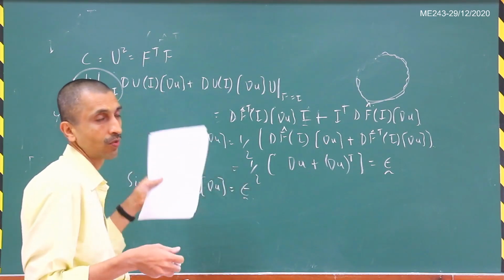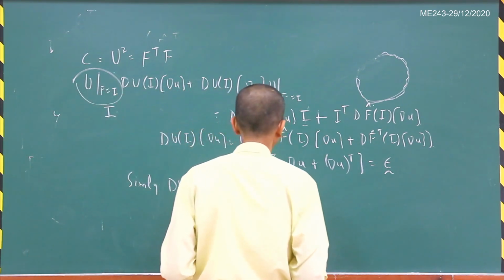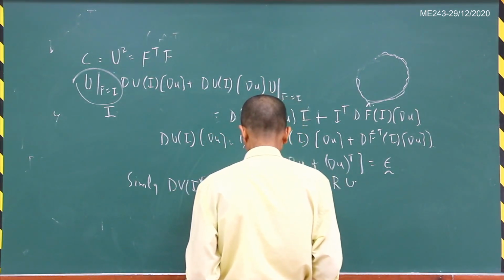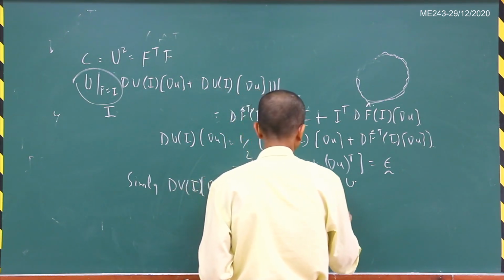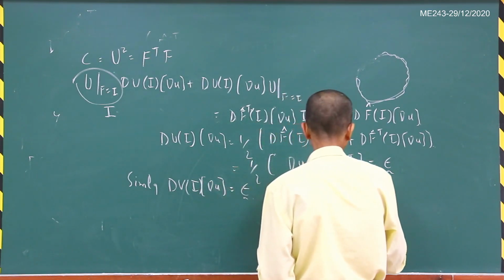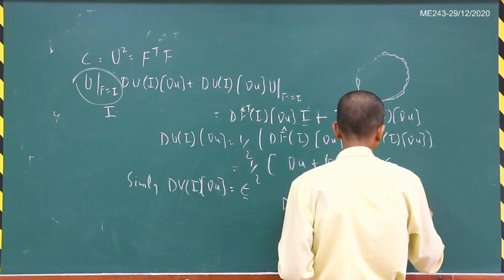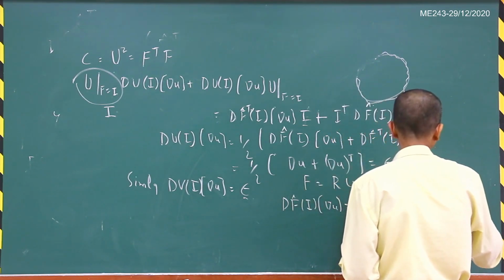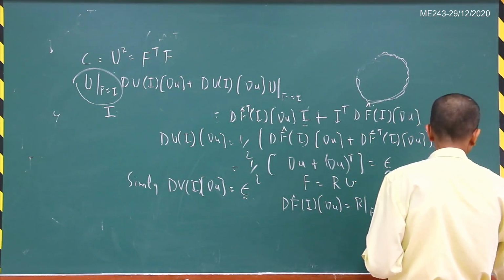Now if I differentiate F = RU, I get D of F̂ at I in the direction ∇u is equal to R evaluated at F = identity times D of U in the direction ∇u, plus D of R in the direction ∇u times U evaluated at F = identity.